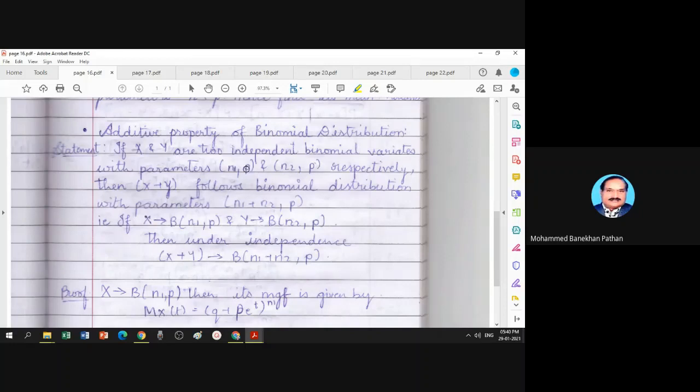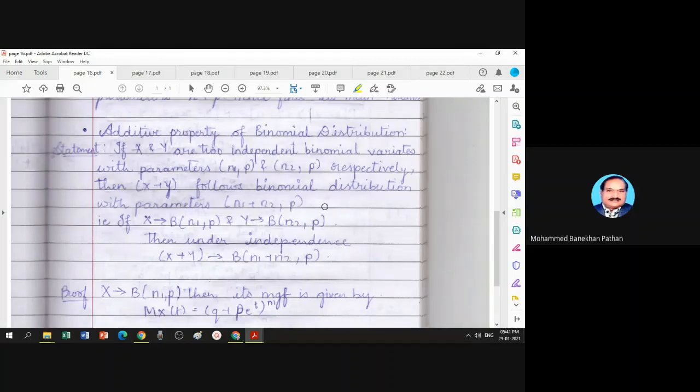So in such a situation, if you add these two random variables together, then their addition also obeys the law of binomial distribution, and it carries the parameters n1 plus n2, p as probability of success.